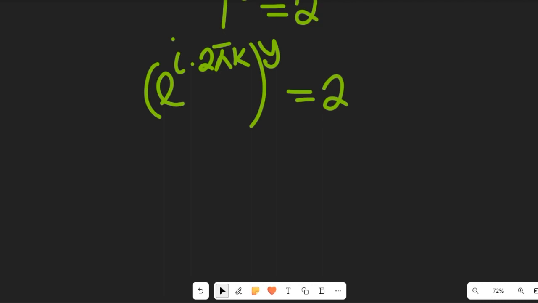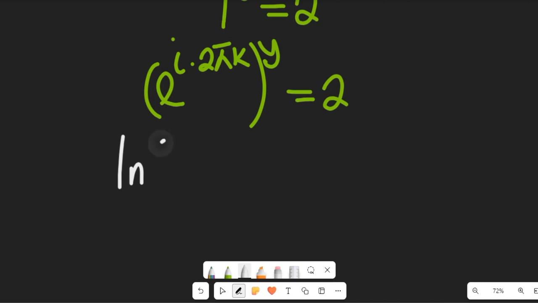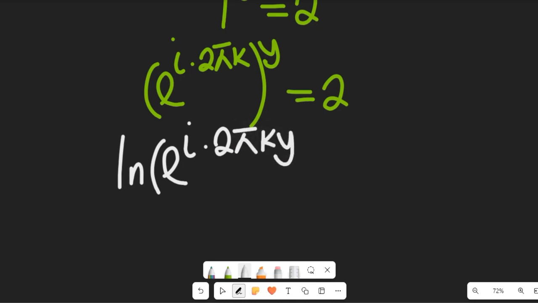Now to simplify this, what we need to do is to take the natural log of both sides. Now let's take the natural log of both sides. This will give us the natural logarithm of e to the power of i multiplied by 2 pi k, all to the power of y, and this will be equal to the natural logarithm of 2.